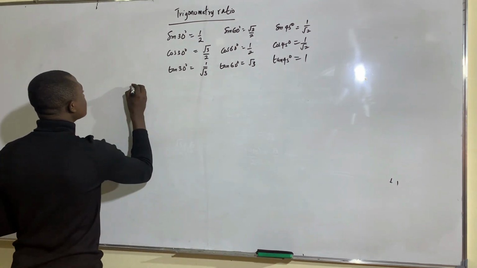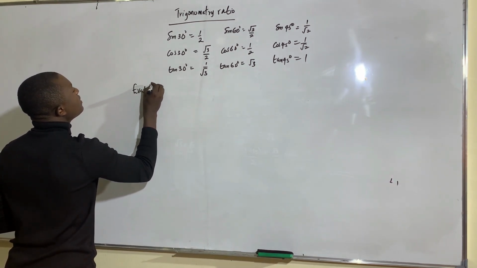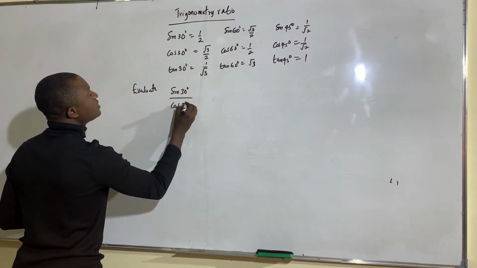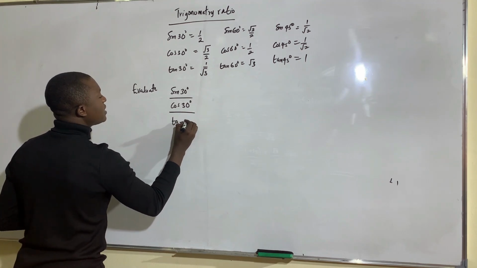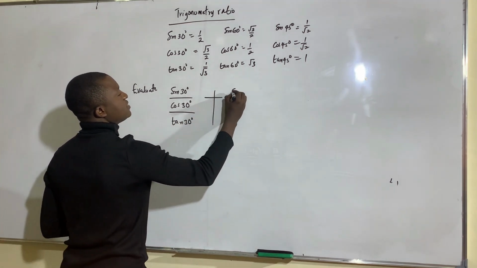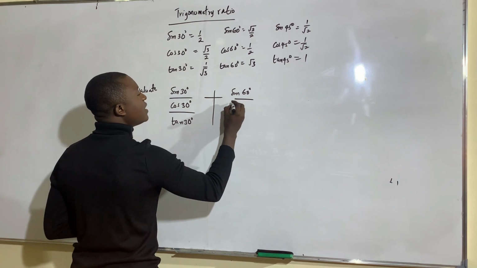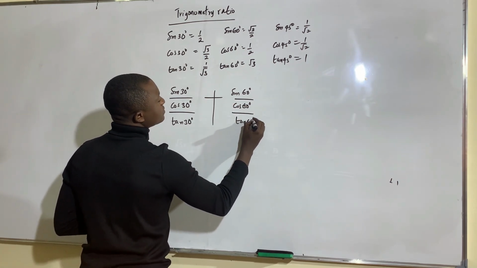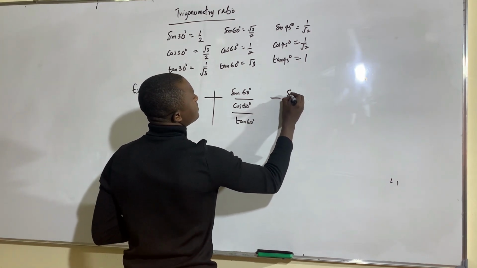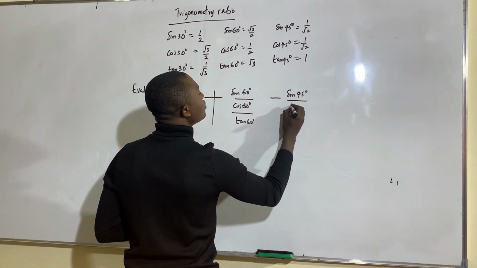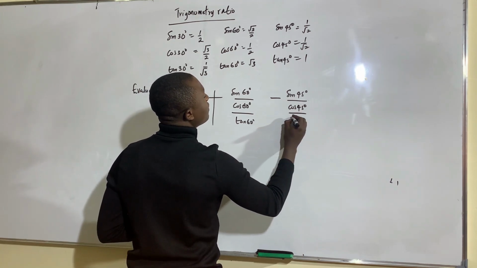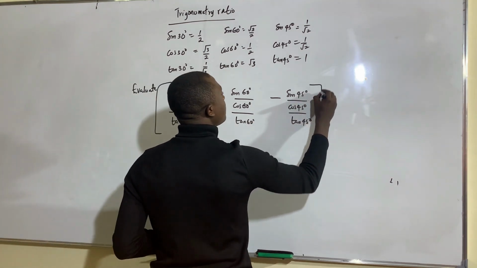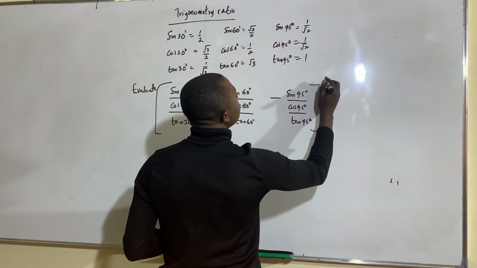Evaluate sine 30 divided by cos 30 divided by tan 30 plus sine 60 divided by cos 60 divided by tan 60 degrees, minus sine 45 degrees over cos 45 degrees over tan 45 degrees, all raised to power over tan square 45, for example.